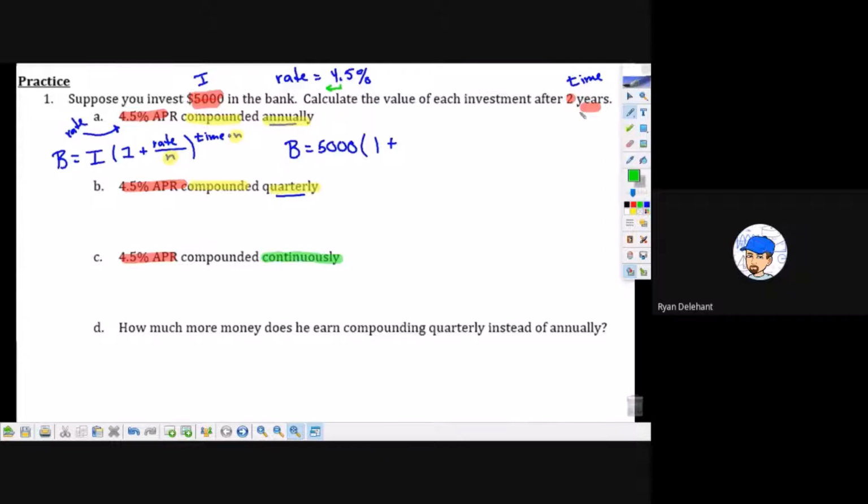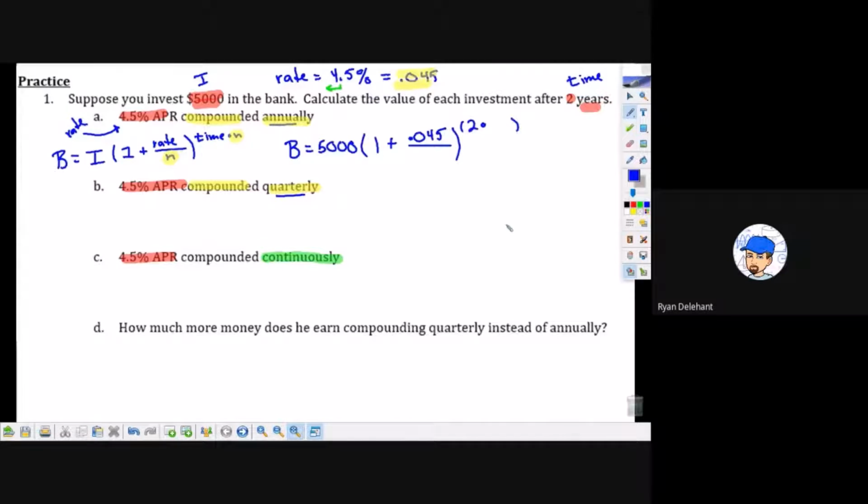We have to find the decimal representation, which is 0.045. I have to do that to be able to use this number mathematically. So this is going to be 0.045 on the top. And our time is 2 years, so we're going to put 2 up here.